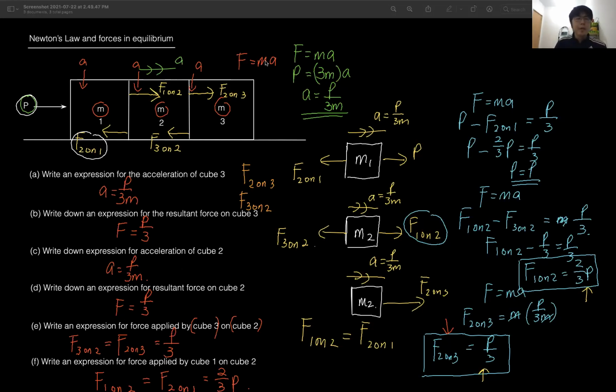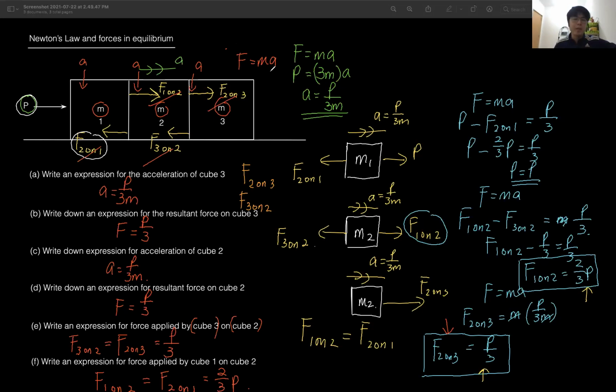Okay, so normally when we analyze free body diagram, we don't look at the contact force, right? Because the question did not ask about it. Sometimes when the question asks you, what is the contact force between these two? Then you have to analyze inside, okay? Draw the free body diagram. Because if you look at this as a whole, then this will cancel out. 1 on 2 cancels out with 2 on 1. 3 on 2 cancels out with 2 on 3.